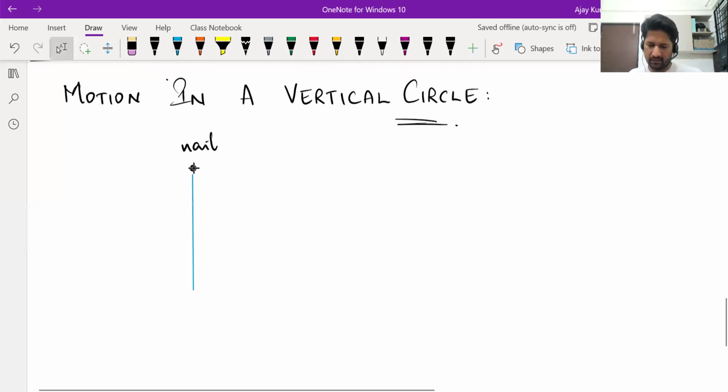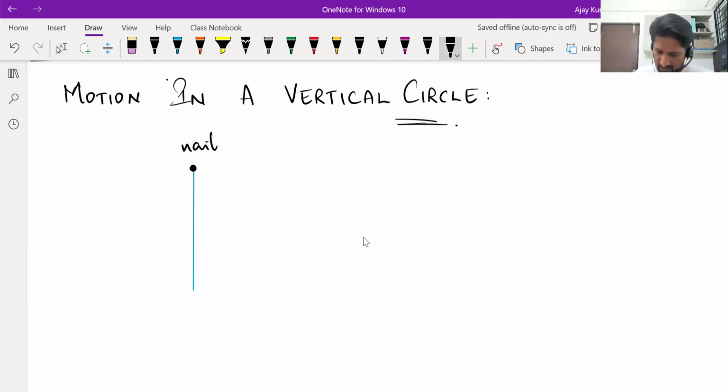String is an ideal string. Can one of you tell me the properties of an ideal string? Ideal strings are inextensible, massless. Means they don't stretch and their mass is negligible.